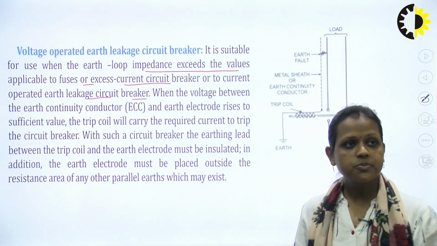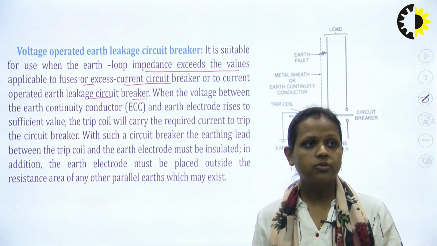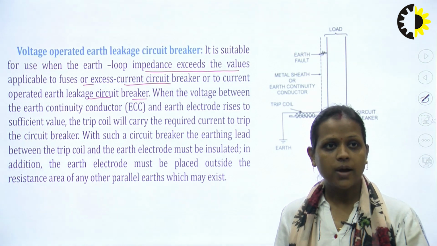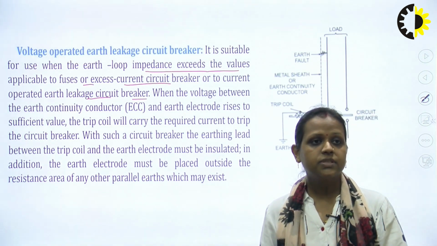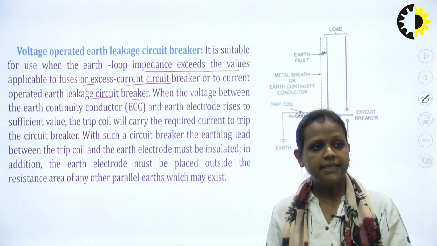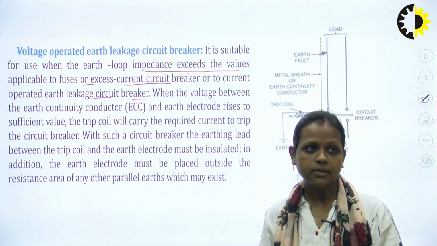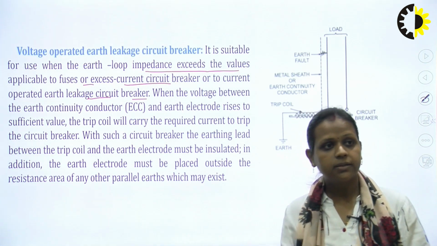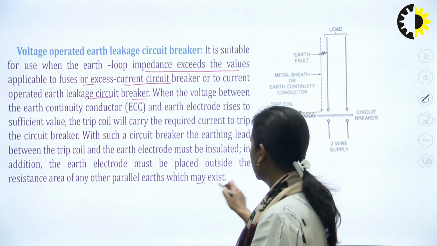When the voltage between the earth continuity conductor and earth electrode rises to a sufficient value, the trip coil will carry the required current to trip the circuit breaker. With such a circuit breaker, the earth lead between the trip coil and the earth electrode must be insulated. In addition, the earth electrode must be placed outside the resistance area of any parallel earth which may exist.